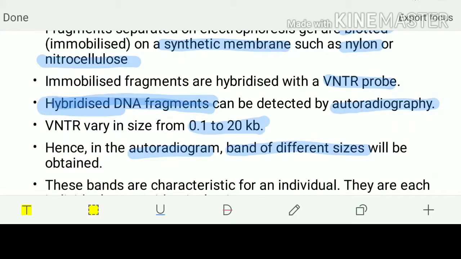Only one case is an exception, that is none other than identical twins. Identical twins have exactly the same VNTR alignment. So that is the only exception. Every other organism, even children of the same parent, has different VNTR sequences.